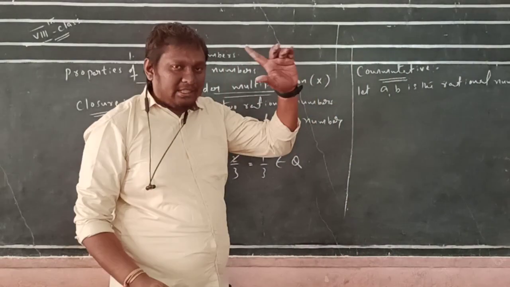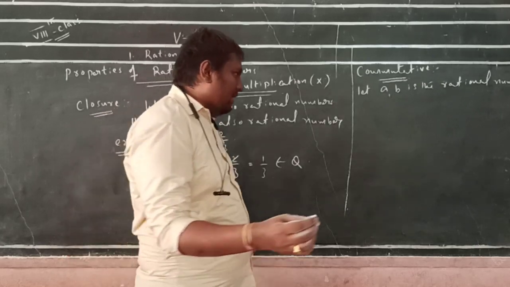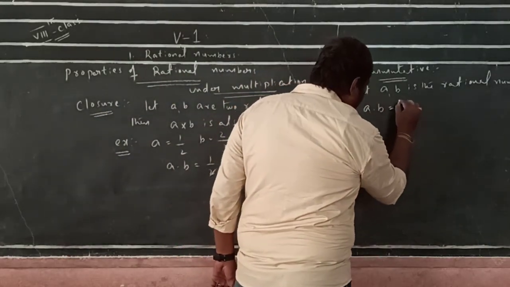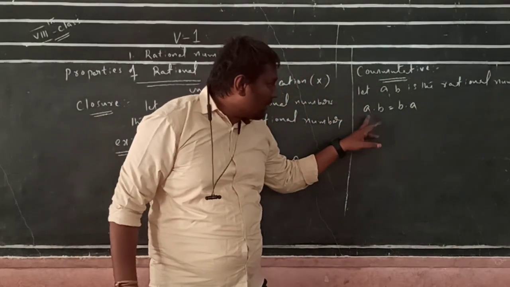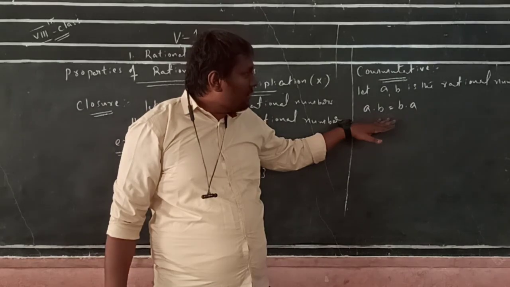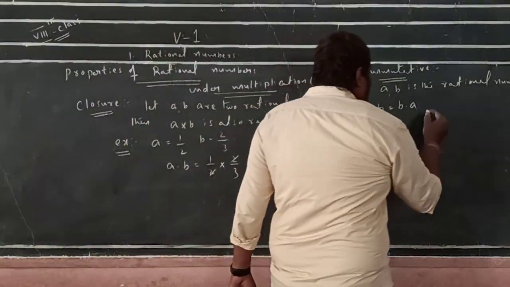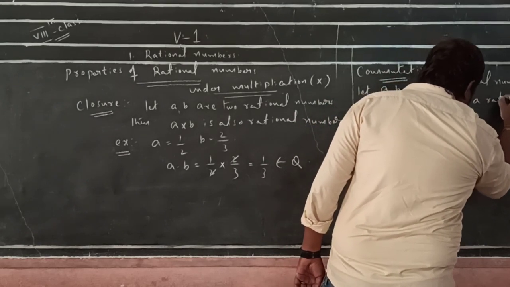At addition, what is the condition of commutative? A plus B is equal to B plus A. Here also the same, but the sign is different. In addition, A plus B equals B plus A. Here in multiplication, A dot B equals B dot A, also a rational number.